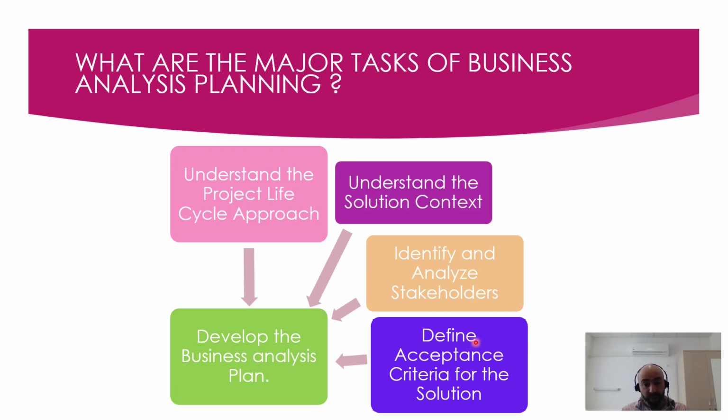So if at the end of the year I make 120,000 profit, that acceptance criteria has been met. Therefore, the solution which I implemented is a successful solution, and it met the acceptance criteria which I set in the business analysis planning.